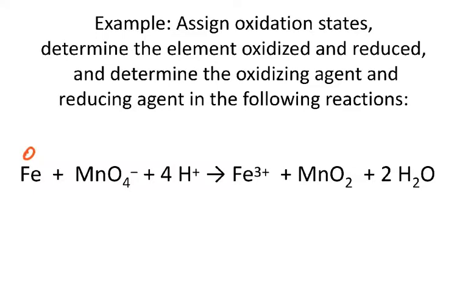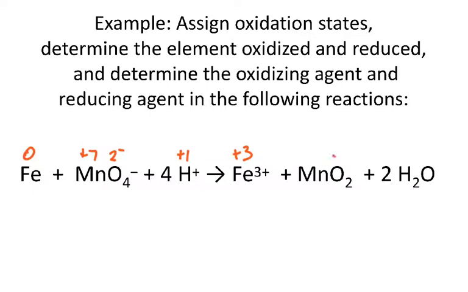Our MnO4 minus, our oxygen is going to get assigned a 2 minus. There are 4 of them, so that's a total of -8. Needs to add up to -1, so our manganese is a +7 there. Our H pluses are all +1. Our iron goes to +3 because that's its charge.